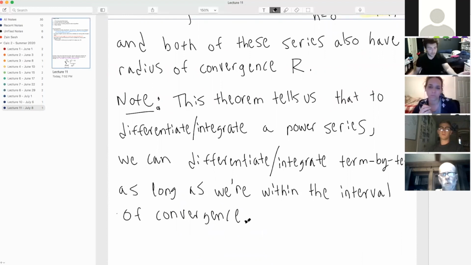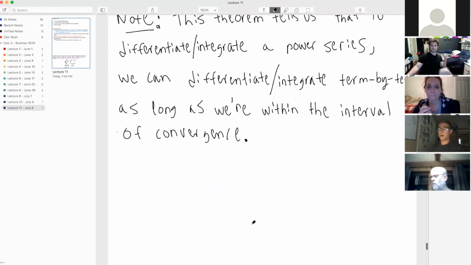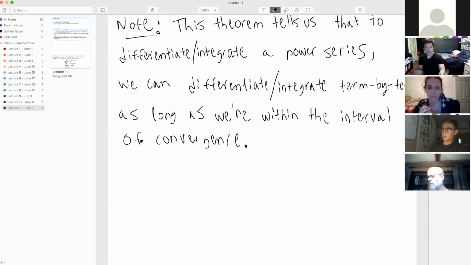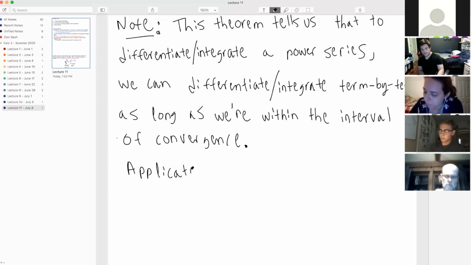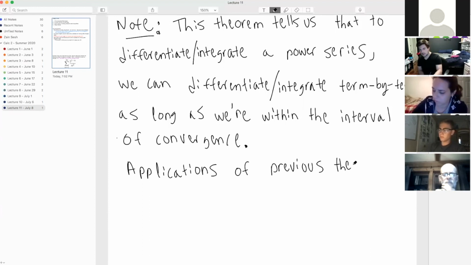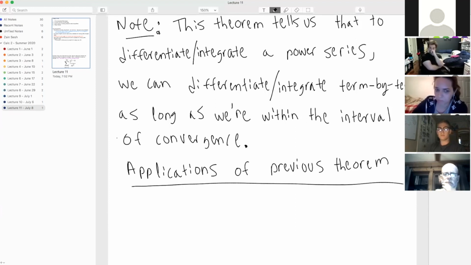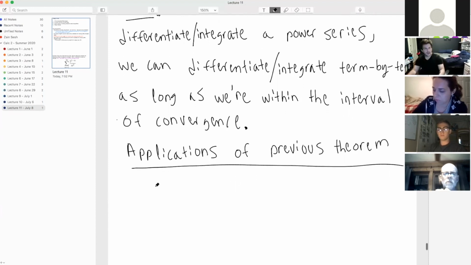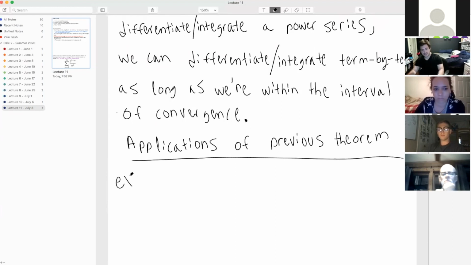So here we go. We're just going to look at a few applications of this theorem, and then we're going to be done. So, applications of the previous theorem. We're going to use this theorem to actually come up with new power series expansions, okay?